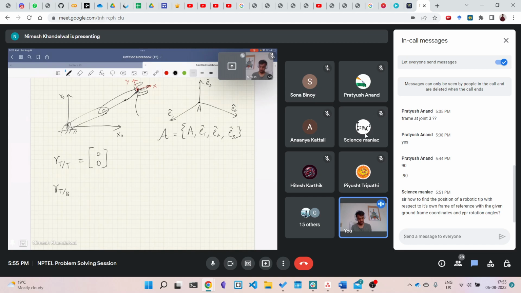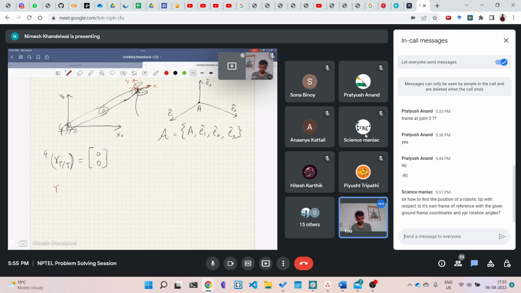you need to specify in which frame this vector is written: in the T frame, or in the B frame, or I'll use G for ground frame. You need to be very strict about in which frame you're writing this.